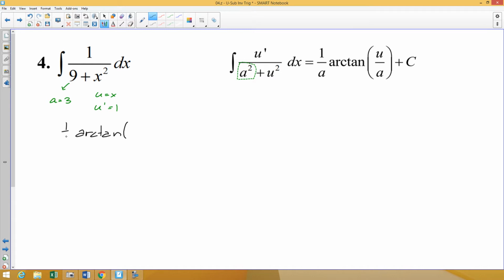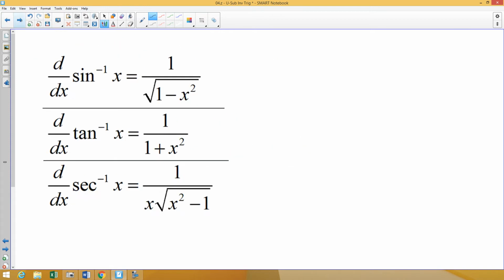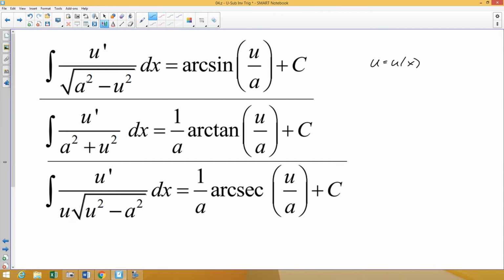The answer is actually going to end up being 1 over 3 arctangent of u, which is x, over a, which will be 3, plus c. There are some algebraic options and some factoring you can do to prove that that's what it ends up with. However, for efficiency, it's probably better for you just to know that formula, that when you have a number plus x squared or a number minus x squared that isn't a 1 plus or 1 minus, then you've got to think about these formulas right here, and these account for non-1 values of a.